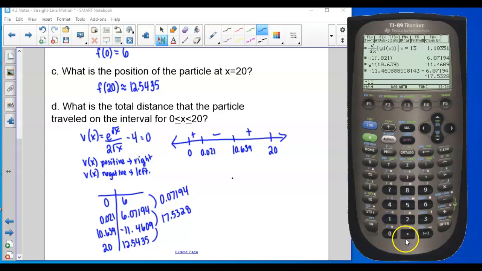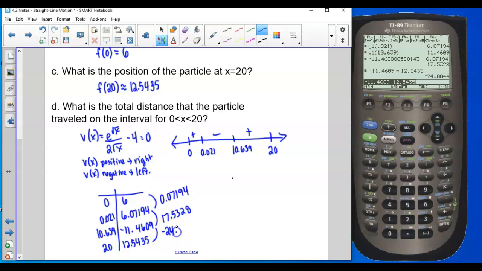negative 11.4609 minus 12.5435. That is going to give us negative 24. Actually, don't use the negative, 24.0044.